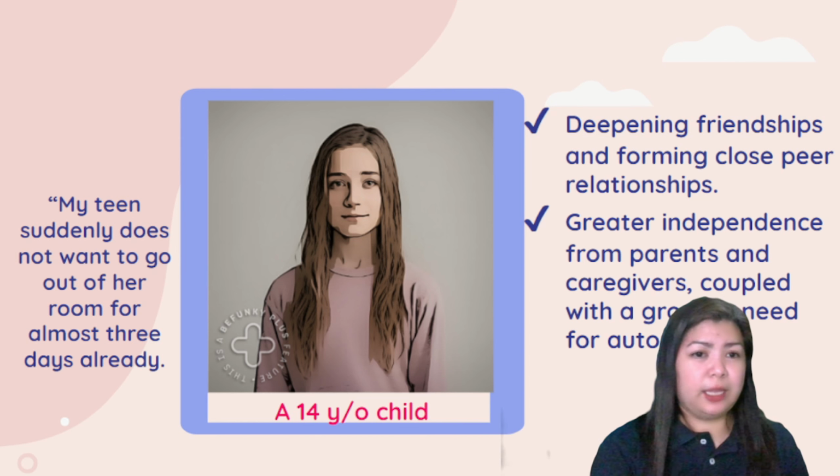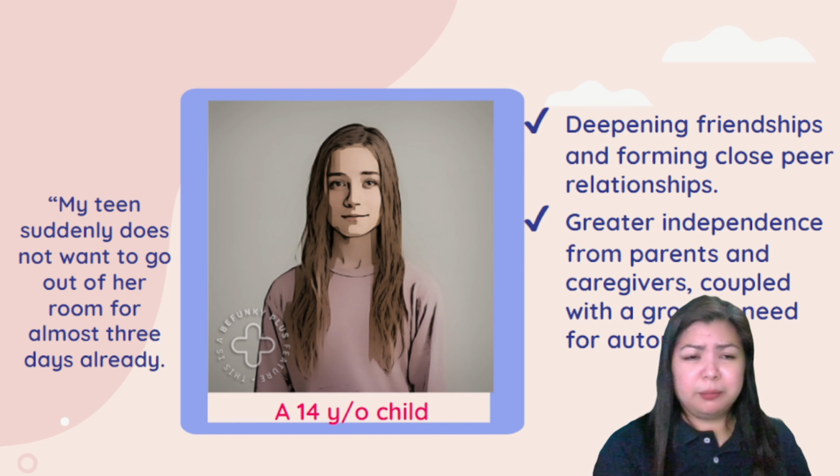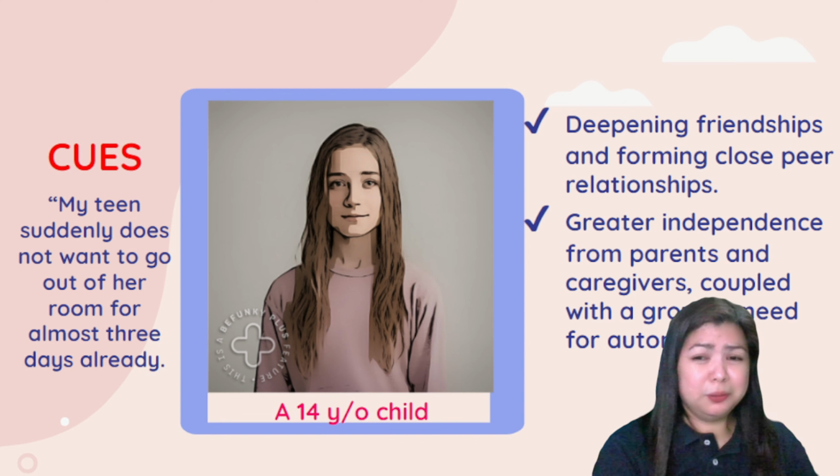Okay, at times teenagers would want to, like, say, go out with their friends on their own. Okay, but then again, the problem is, or the cue that was given to you is that the kid doesn't want to go out.